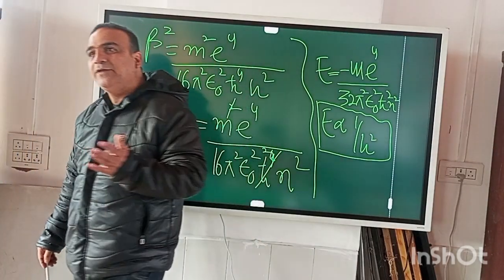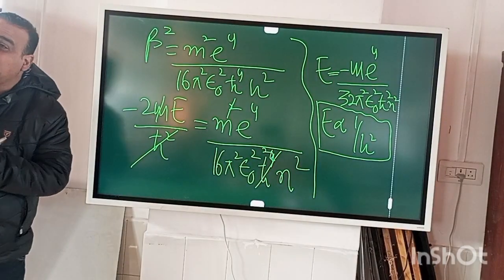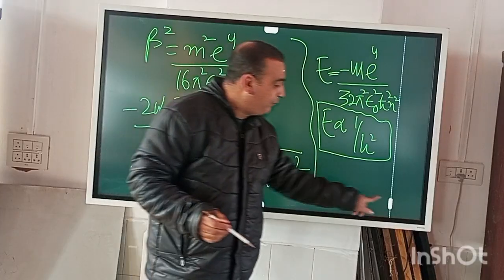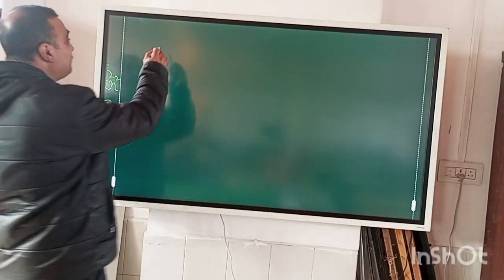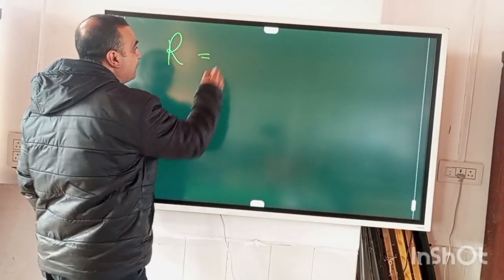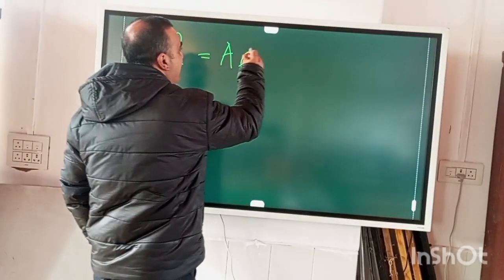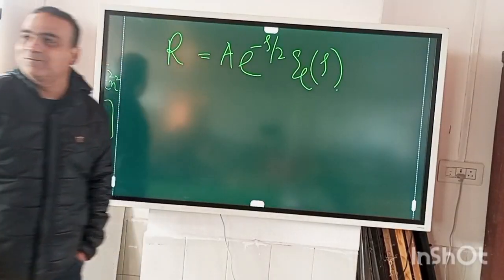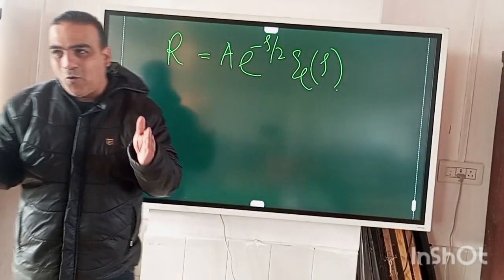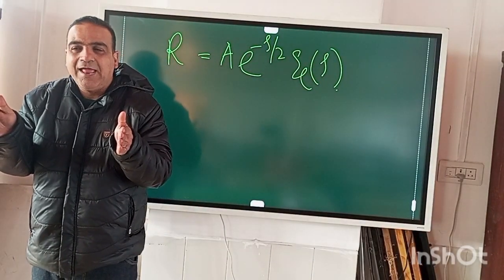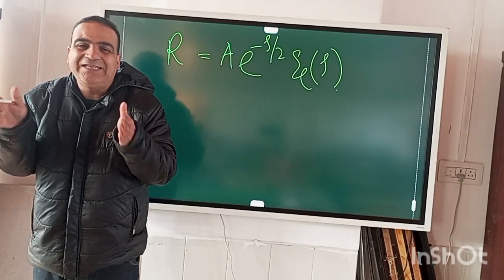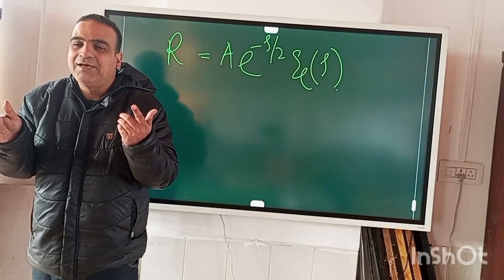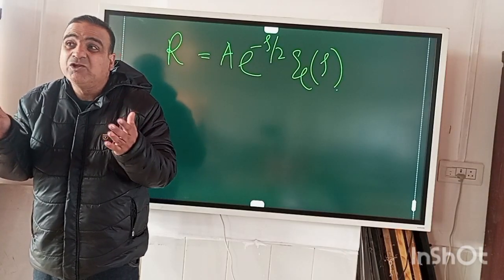And the next part: we presumed a solution to the differential equation. What was that solution? R equal to A e to the power of minus rho by 2, then I used zeta of rho. Now I have moved on and incorporated two important things: one is the principal quantum number, and the other is the orbital quantum number.